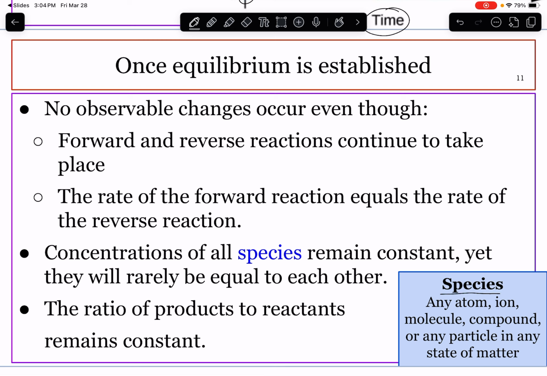Species in this context just means any atom, ion, molecule, compound, or any particle in any of the different states of matter: gas, liquid, or aqueous. So the concentrations of all the species are going to remain constant, but they're rarely equal to each other. The ratio between the products and reactants will remain constant while at equilibrium.